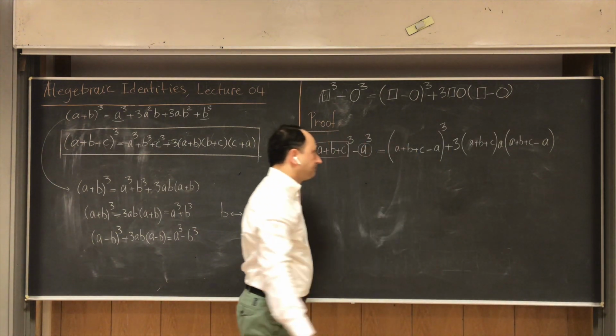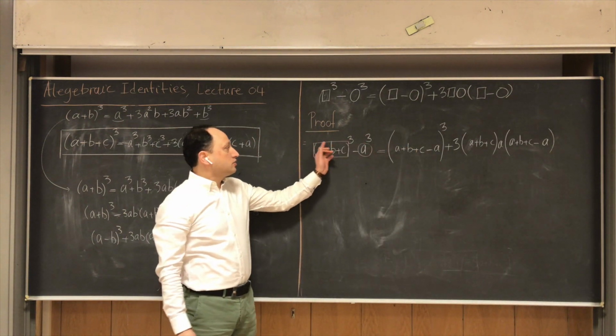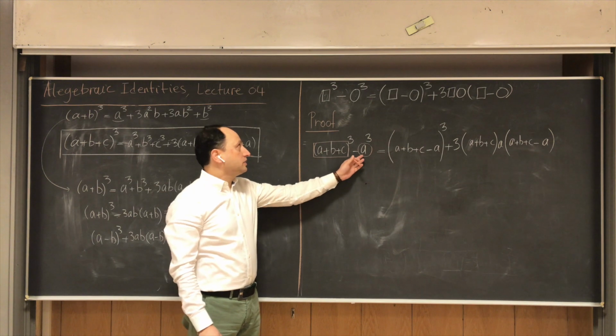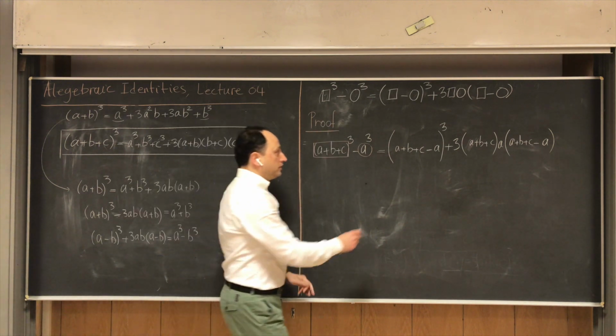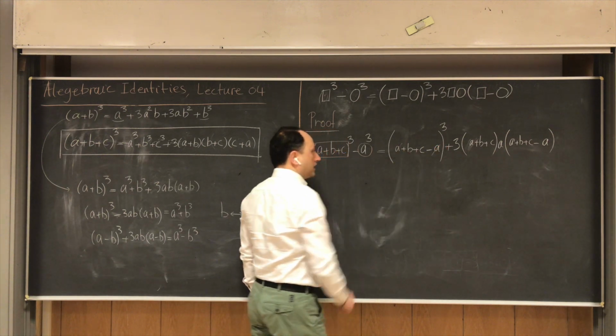Agree? So I have just assumed that this is the box, this is the circle, and I use this identity, just replace. But the good point is that this a and this a are cancelled here.